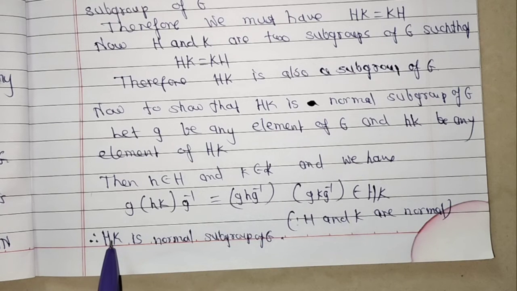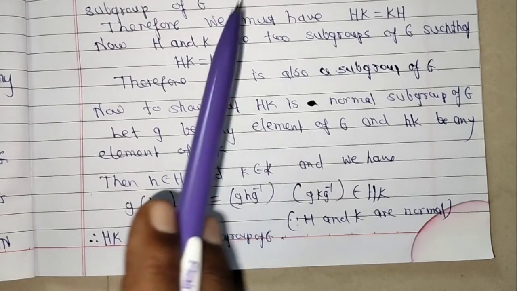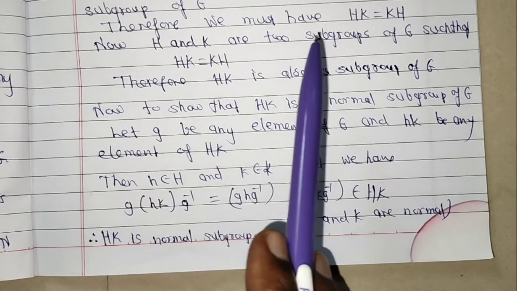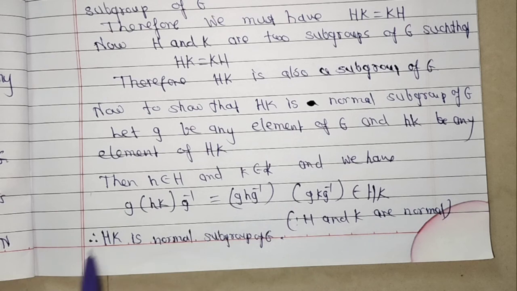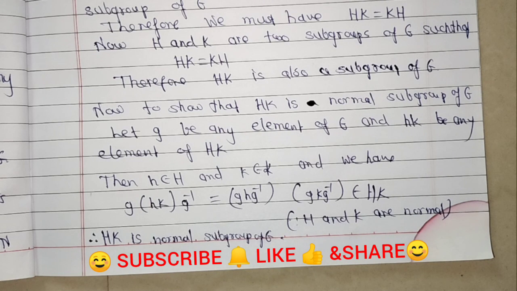Hence, HK is a normal subgroup of this group G. Thus, if H and K are normal subgroups, then the product of normal subgroups of group G is again a normal subgroup of G. Thus we have proved the theorem. Thank you.